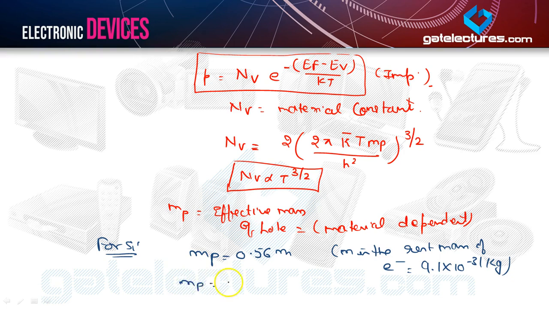So mp is 0.56 into 9.1 into 10 power minus 31, and this results in 5.096 into 10 to the power minus 31 kg.